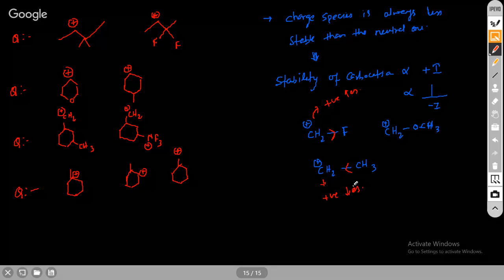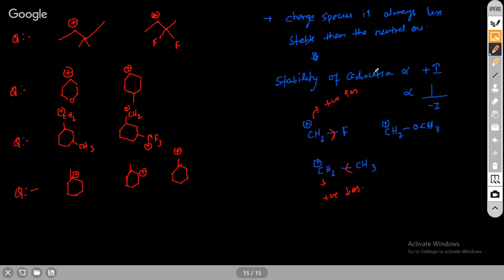Whenever the positive charge density increases, the stability will be less, because we have to neutralize the charged species; then only the stability will be more. So if positive charge is there, you have to push electrons to gain more stability. If negative charge is there, then you have to withdraw electrons.